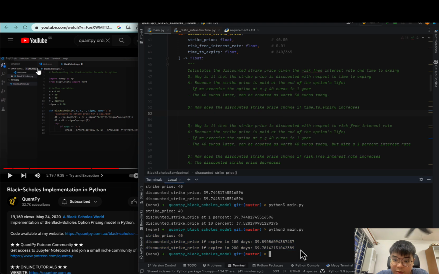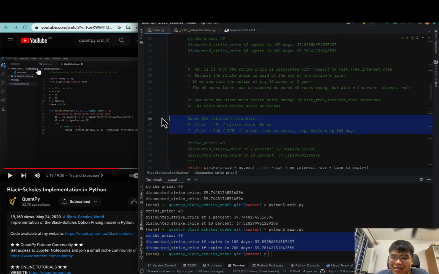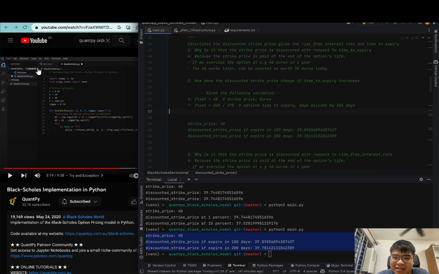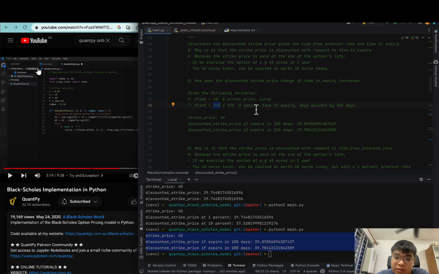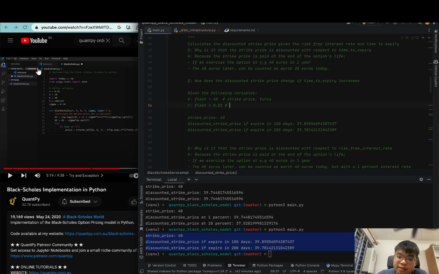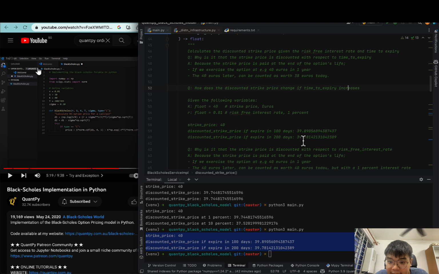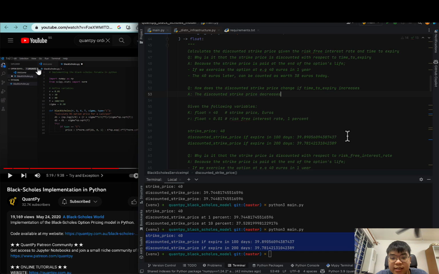So okay, that's what Codex says. It says that it decreases, but I'm having trust issues here. So let's do a comparison here. Given the following variables, K equals to 40, R equals to 0.01, this is the risk-free interest rate, 1%, then we can see that if it expires in 100 days, like longer, then yeah, okay, so it does decrease.